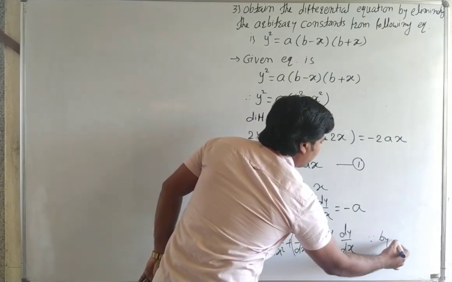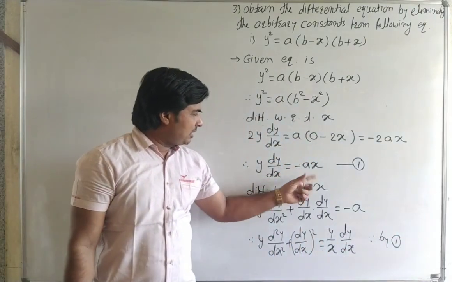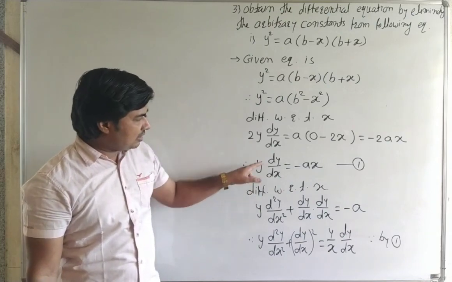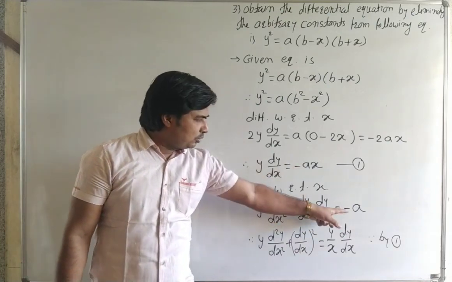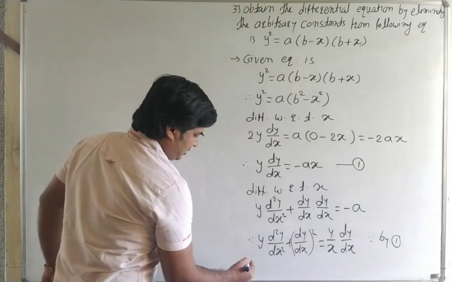See carefully this. We put the value of minus a. Minus a is equal to y by x dy by dx. Put the value of minus a, and now multiply by x here.